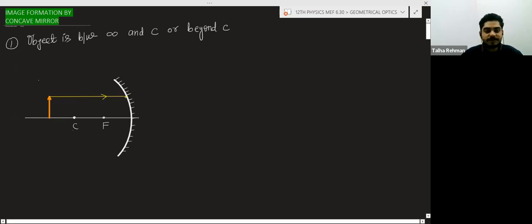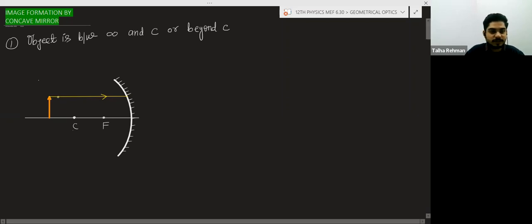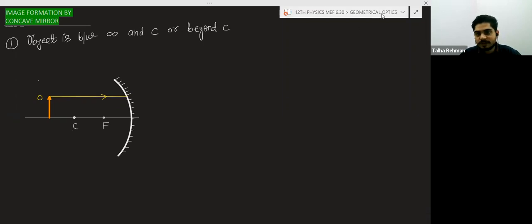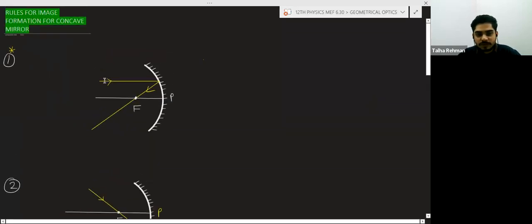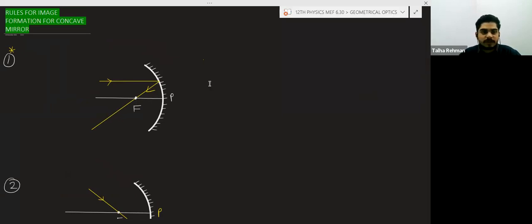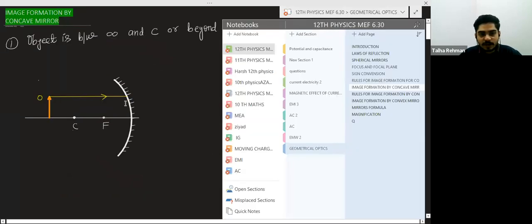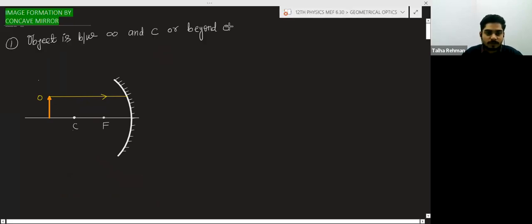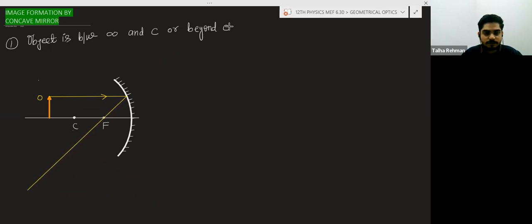Now after reflection, you can see here it will pass through the focus. I have told you that if a ray of light is parallel to the principal axis, it will pass through the focus. So here the ray of light is parallel to the principal axis. Now it will pass through the focus.